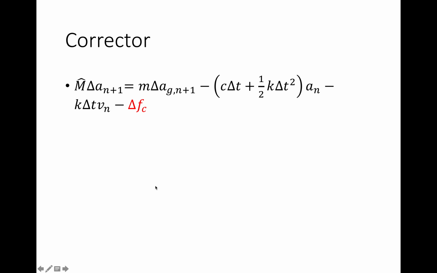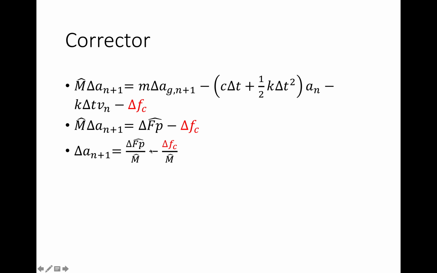Because this part is the same as the predictor method, the incremental method, we can calculate the delta f predictor as here, and this is the corrector here. So this part is what we calculate for prediction, and only this part is for correction.